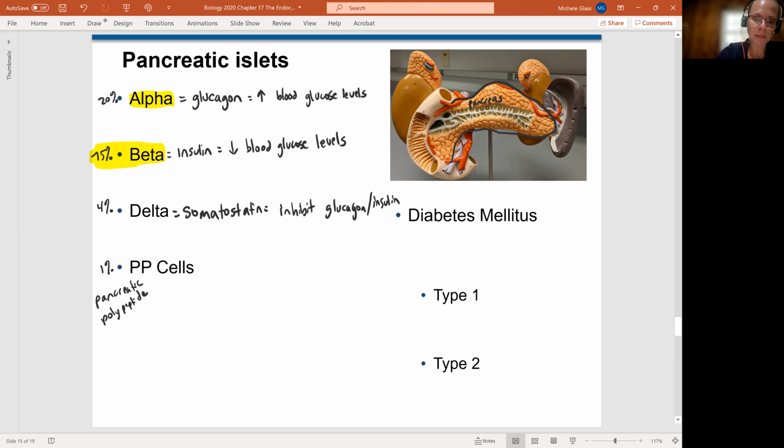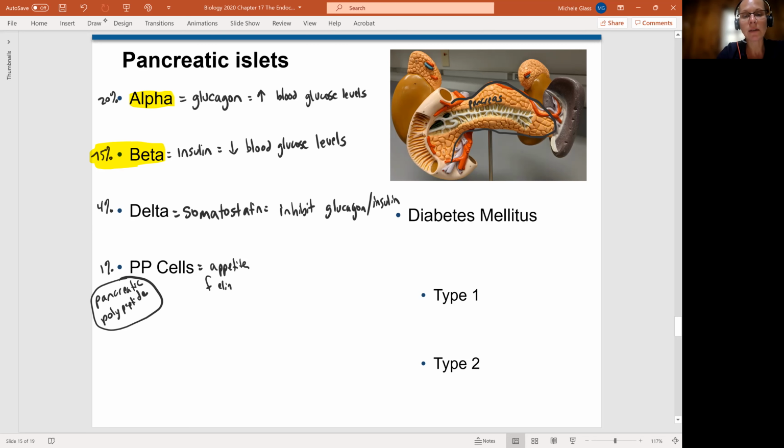And then the pancreatic polypeptide cells are involved in appetite. Pancreatic polypeptide is the hormone being released here. Let me rephrase that.